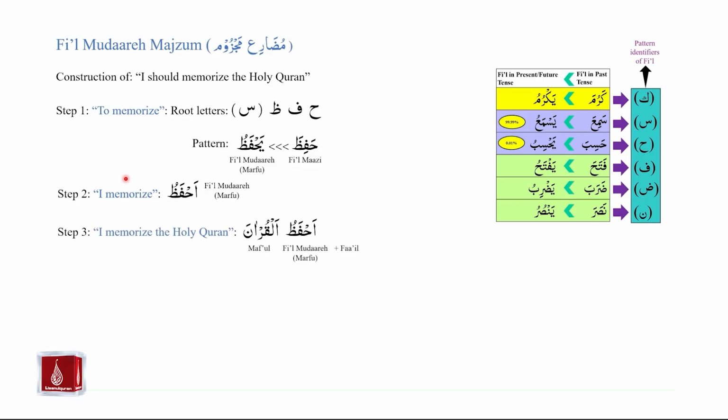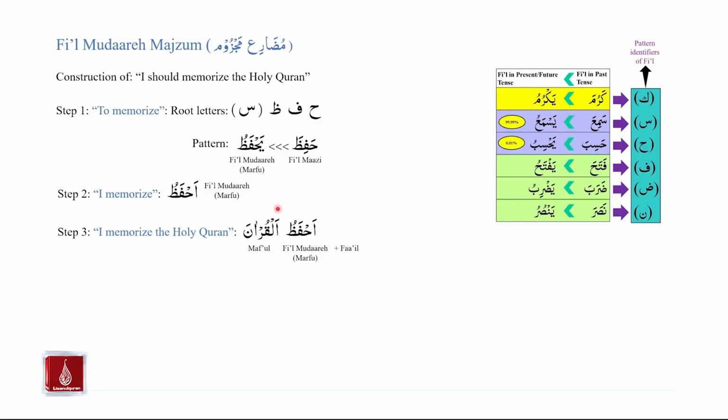Our next step will be to say, I memorize the Holy Quran. And we can say ahfazul Qur'ana. Ahfazu is fi'il mudari, and it is the combination of fi'il mudari plus fa'il. Fa'il is I, and then al-Qur'ana is maf'ul.